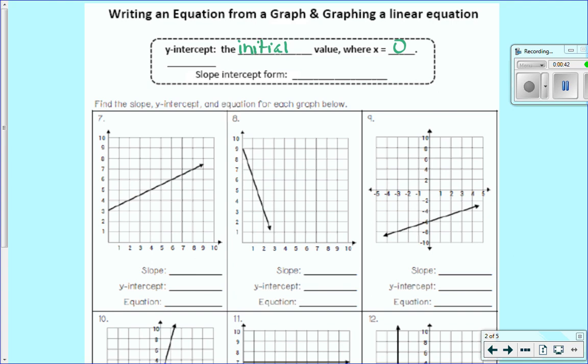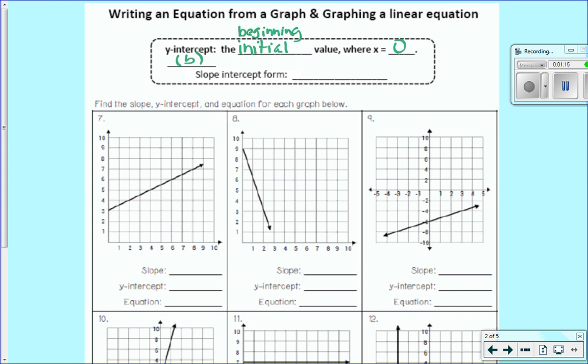Another word for the y-intercept, instead of the initial value, is the beginning. Did I spell that correctly? Okay, the y-intercept is represented by the letter b. So to help you remember that it's the initial value, it's the beginning value, okay?